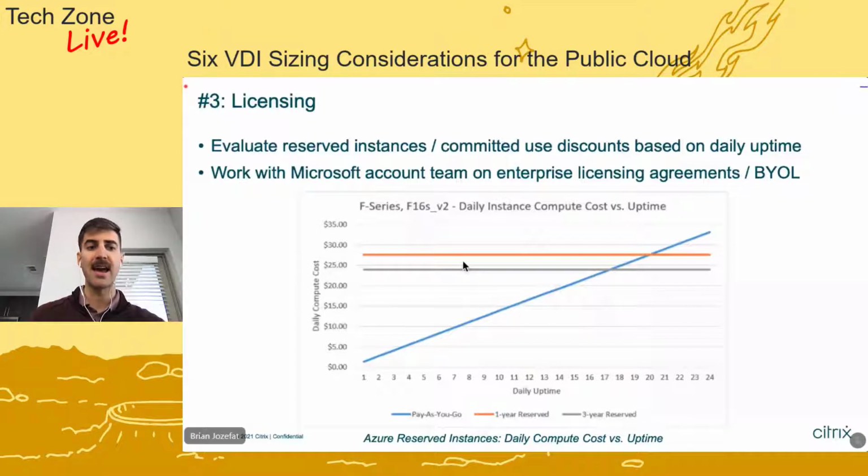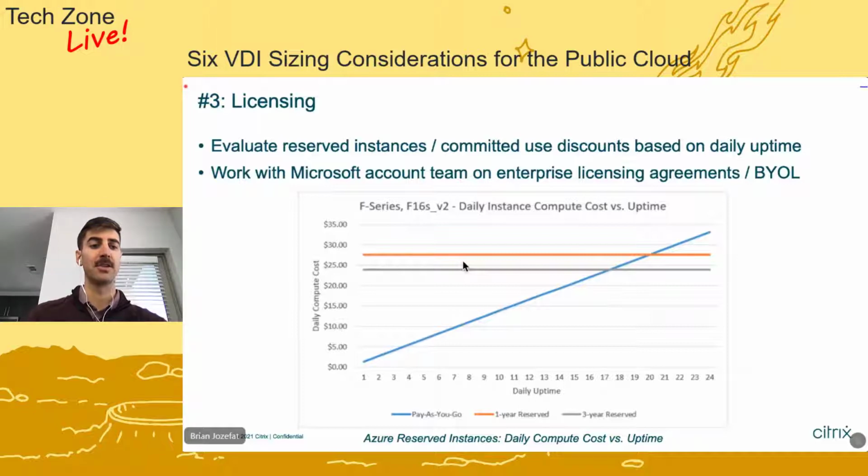However, what if you have a use case where users need to run scripts that run for 12 hours, or they're just on their machine for an extended period of time where it doesn't necessarily make sense to be powering them down. When we get into this, this is where we start to recommend things like reserved instances or committed use discounts.